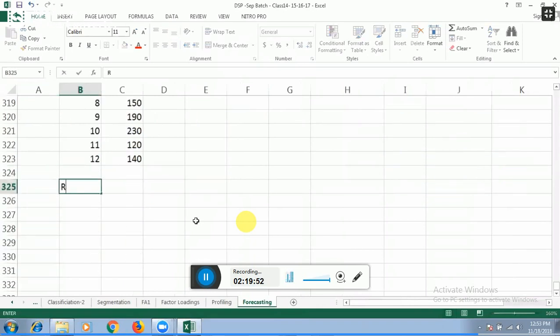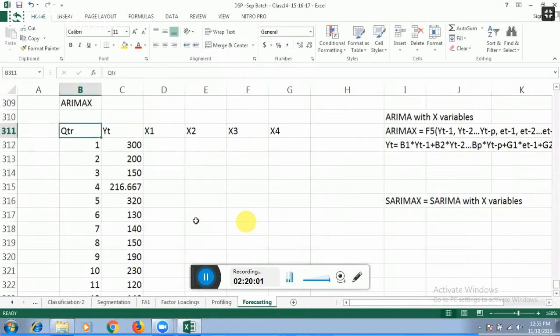Then the other one is regression. I also told you regression. So regression is basically, I was referring that, okay, this is the data you have, assuming like this.